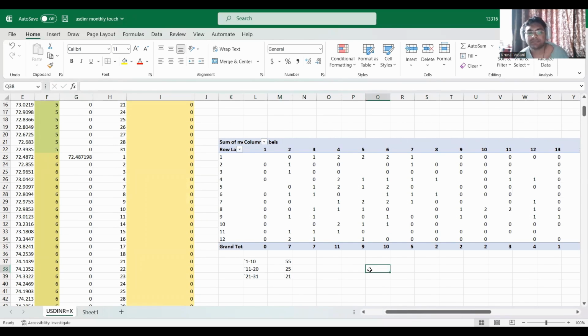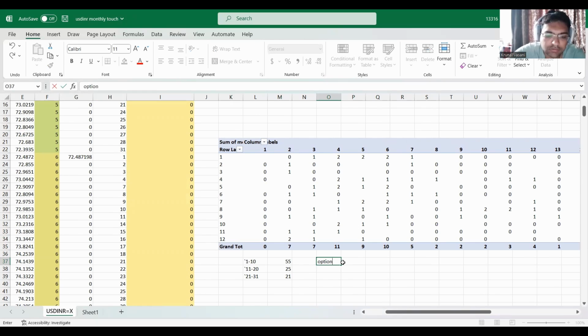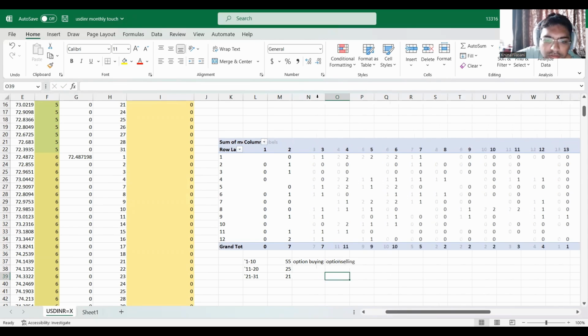What I'm trying to say here is, in the first 10 days the theta decay is very low. So if you are doing option selling strategies, it will not be that fruitful in the first 10 days. You should go for option buying, right?